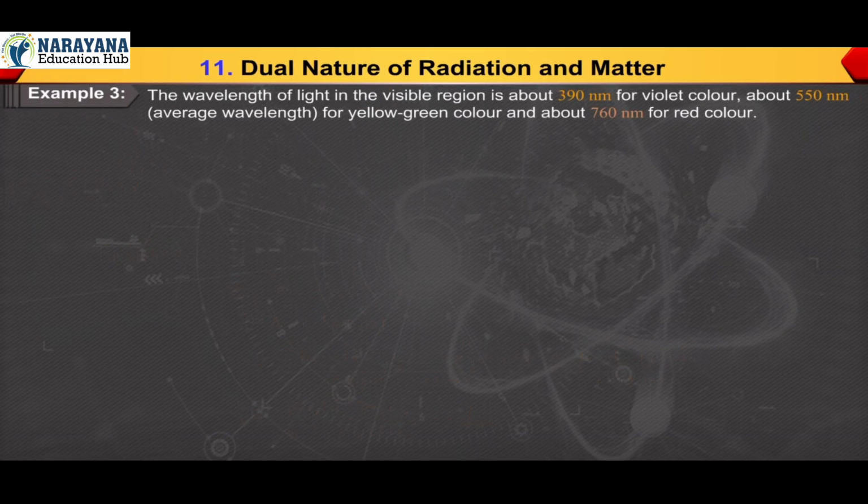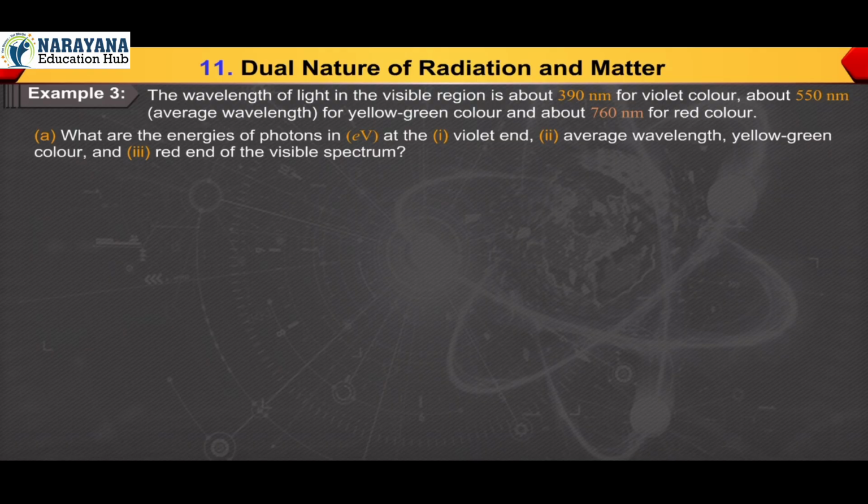Example 3. The wavelength of light in the visible region is about 390 nanometer for violet color, about 550 nanometer, that is average wavelength for yellow-green color, and about 760 nanometer for red color. A. What are the energies of photons in electron volt at the 1.